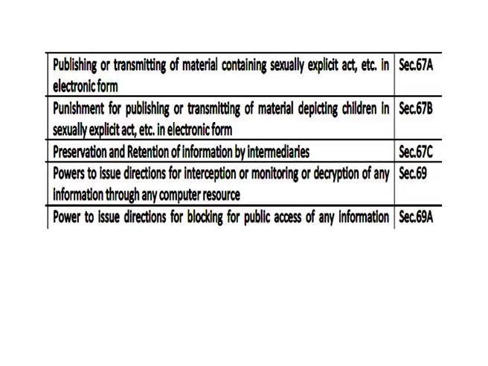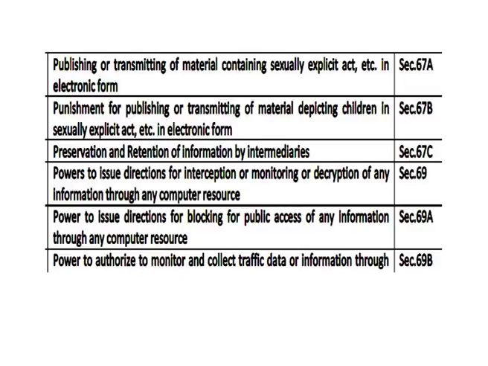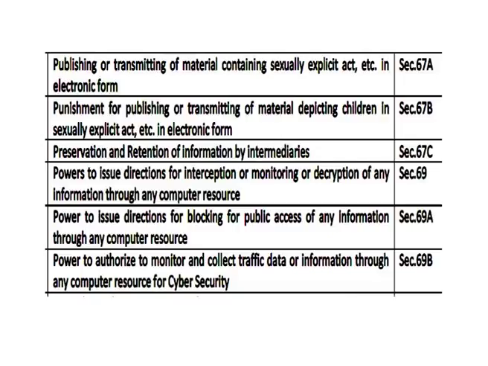Powers to issue directions for interception or monitoring or decryption of any information through any computer source under Section 69, power to issue directions for blocking for public access of any information through any computer resource under Section 69A, power to authorize to monitor and collect traffic data or information through any computer resource for cyber security under Section 69B.